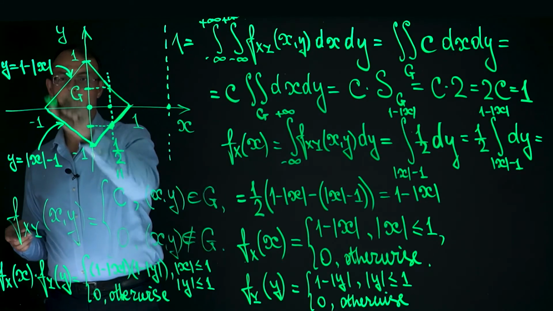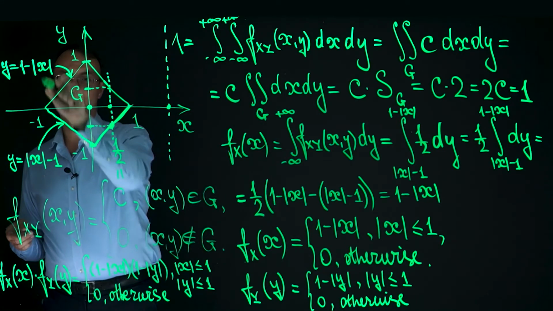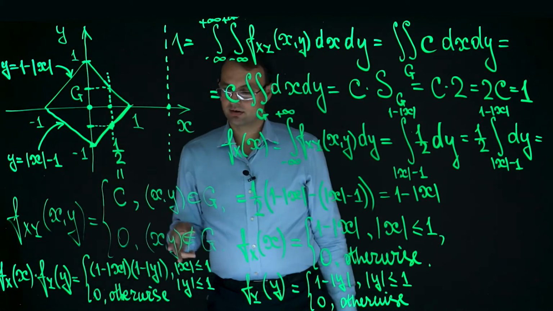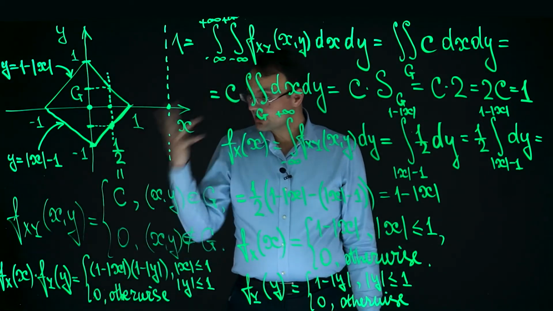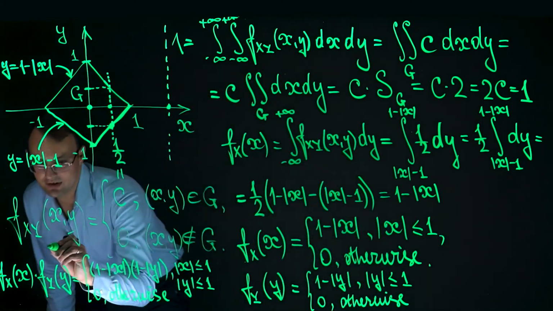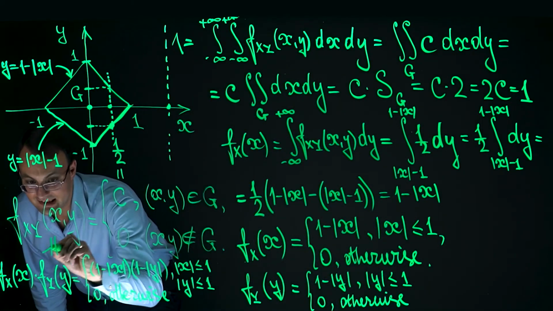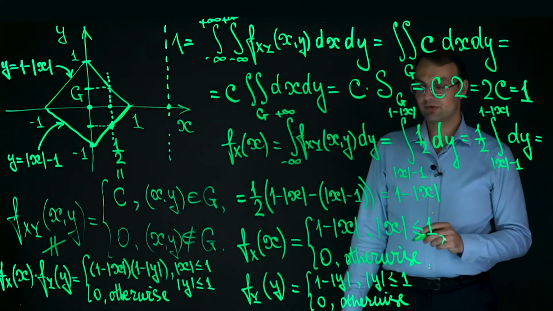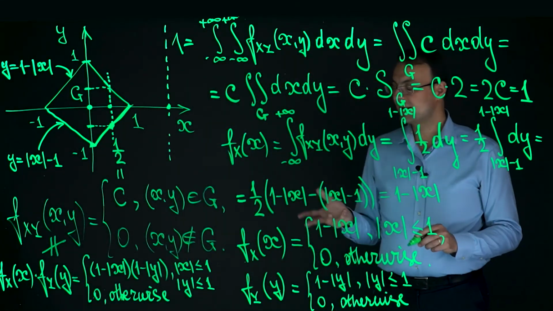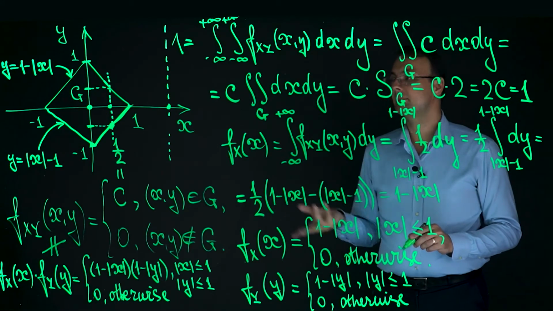So this region is just a square of this kind, from minus 1 to 1, both for x and for y. So there is no equality. We see that joint PDF is not equal to the product of marginal PDFs, and so because of this we can say that x and y are not independent.